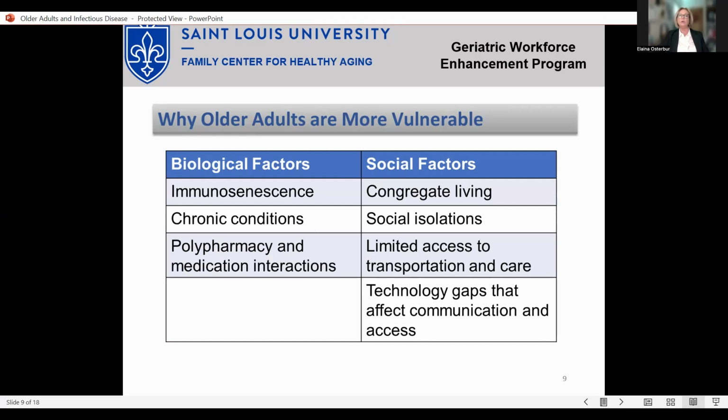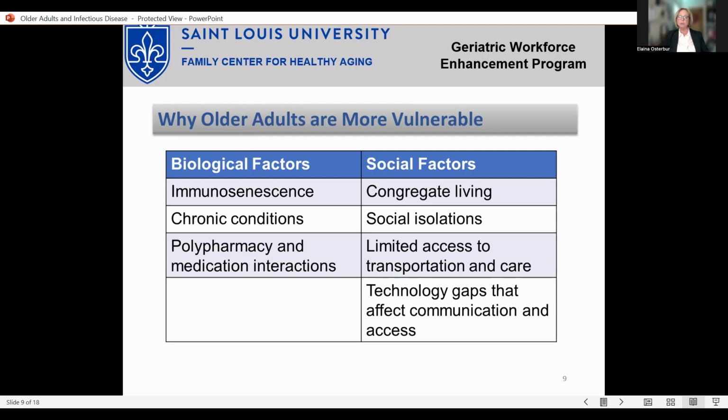So why are older adults more vulnerable to infectious disease and other health conditions? So we're going to look at both biological and social factors that play significant roles. Here, immunosenescence, or the gradual decline of the immune system with age, increases susceptibility not only to infectious diseases, but also to chronic conditions such as heart disease, diabetes, and chronic obstructive pulmonary disease, or COPD.